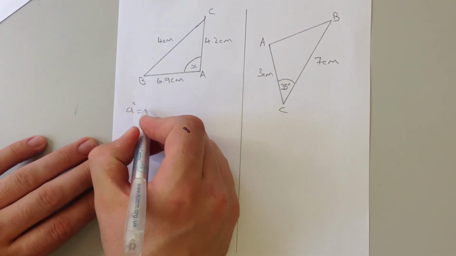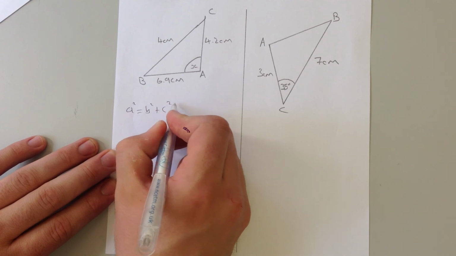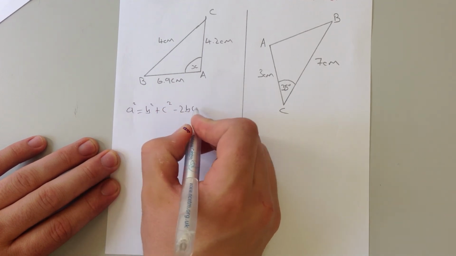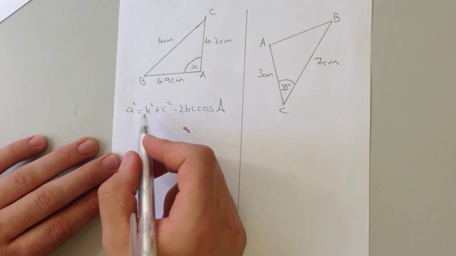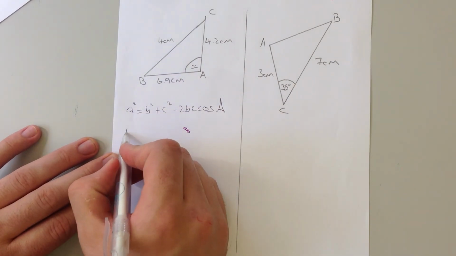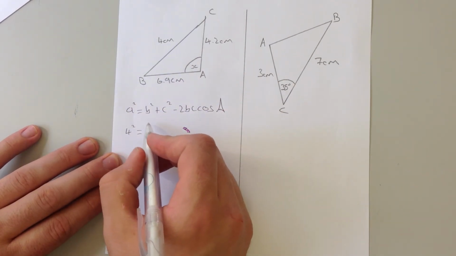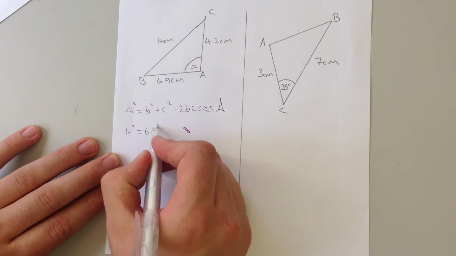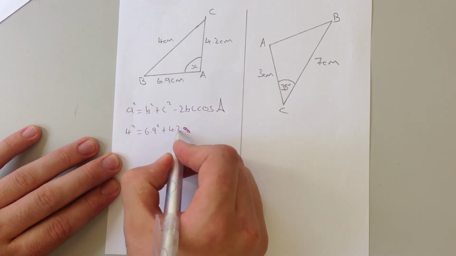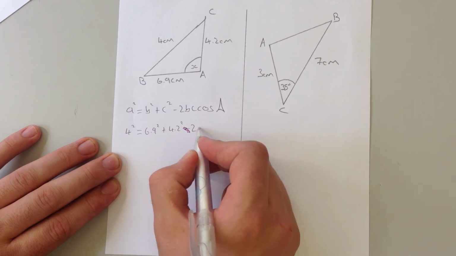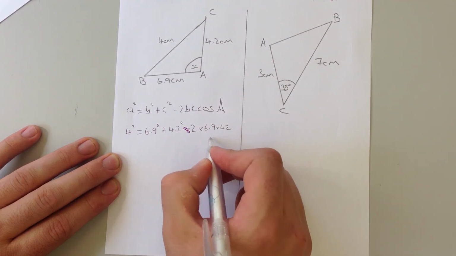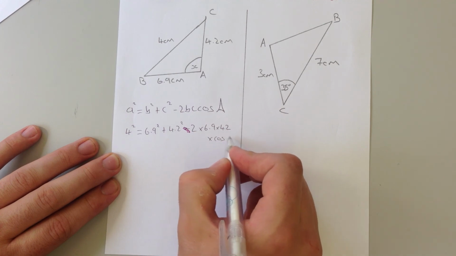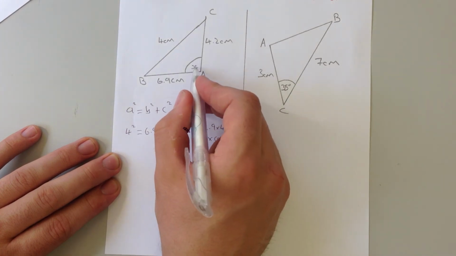So the first thing I'm going to do is write out the formula. a squared equals b squared plus c squared minus 2bc cos a. Then I'm going to fill in what I know. So a squared is going to be 4 squared equals 6.9 squared plus 4.2 squared minus 2 times 6.9 times 4.2 times cos x, because that's what the angle's been labelled in here.